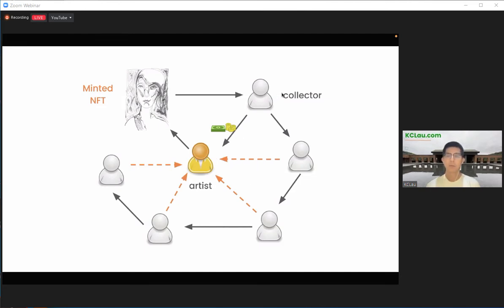You see, when collector A sells to collector B, and collector B pays the new price, the artist will also get a portion of that money. This goes on and on, so every transaction, the artist will get paid. Imagine you are an artist. If I'm an artist, I will love this, right? Because I'll get passive income whenever my art gets traded.